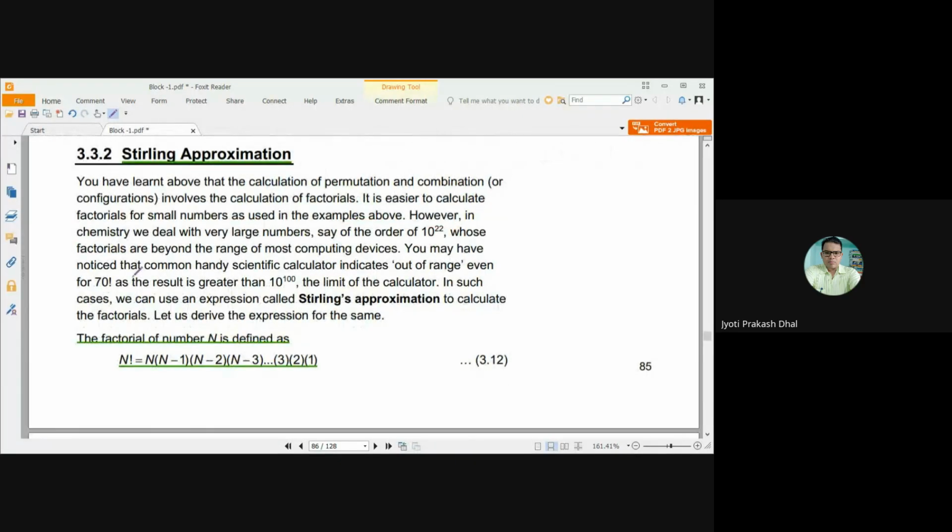Now coming to the Stirling approximation, you can see one question was there in the last semester examination. That question is from the Stirling approximation. I have already sent the question.